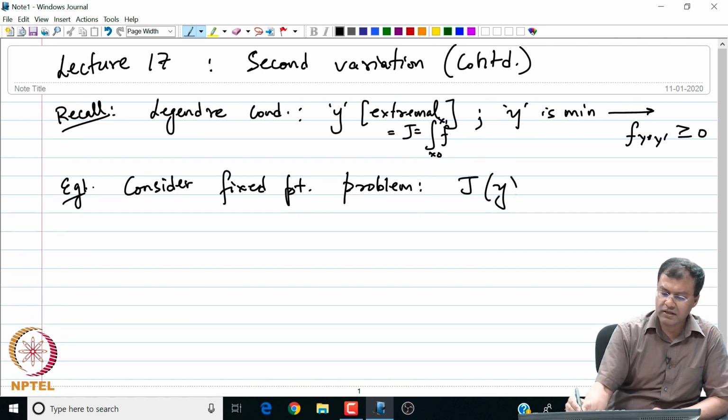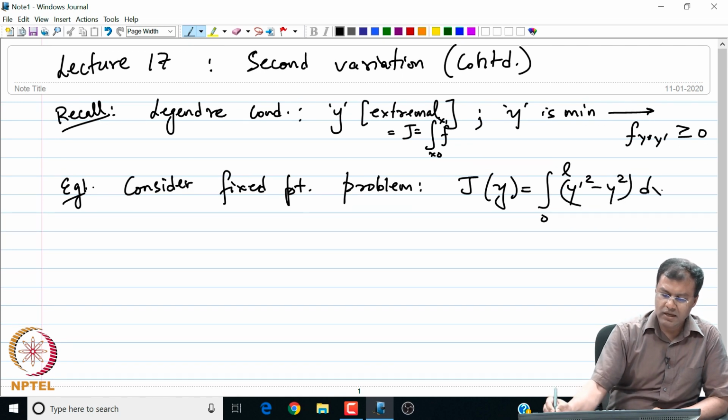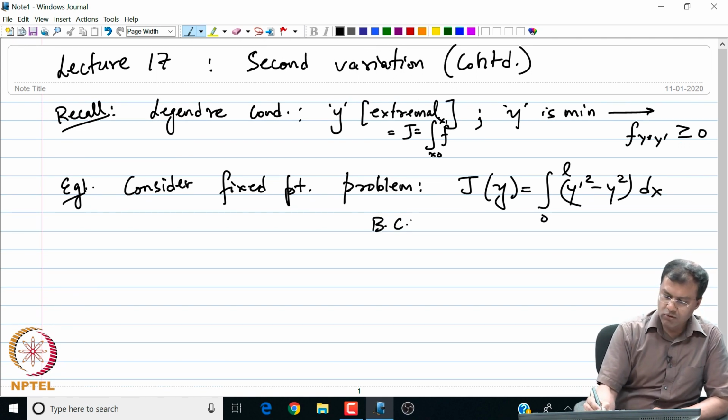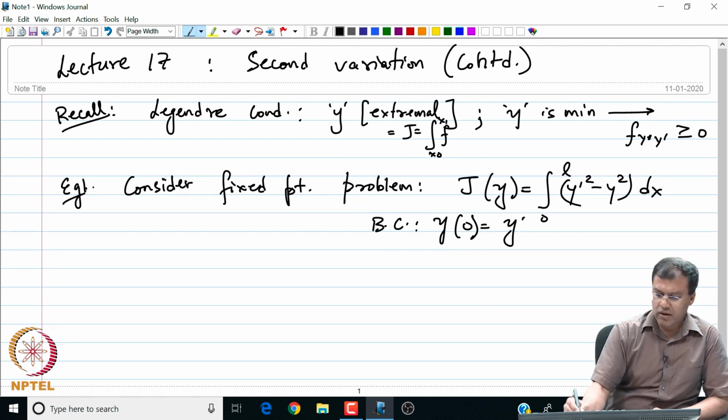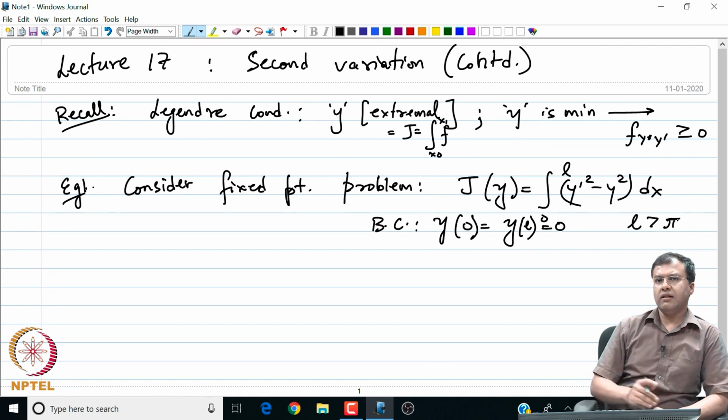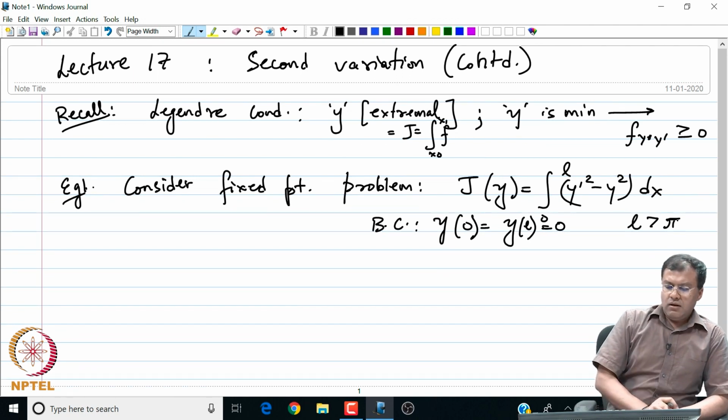So I am given the functional of the form integral from 0 to L of y prime square minus y square dx, and further I am given the boundary conditions as follows. So the boundary conditions are y of 0 is equal to y of L is equal to 0, and further I am also given that L is greater than pi. Okay, we will see why this condition is needed.